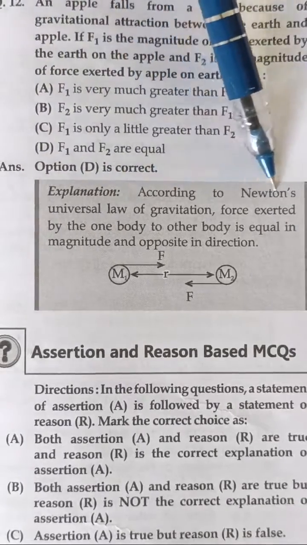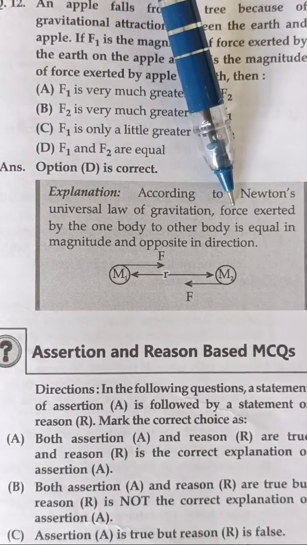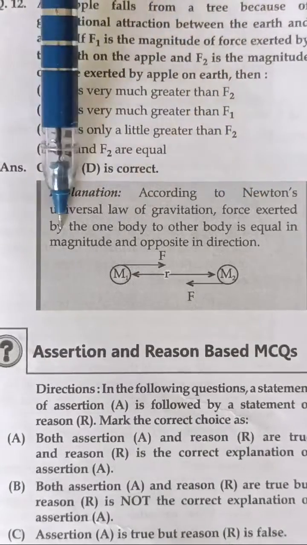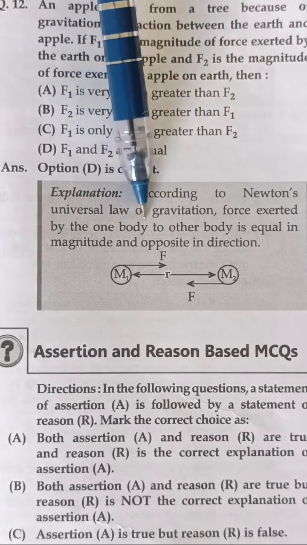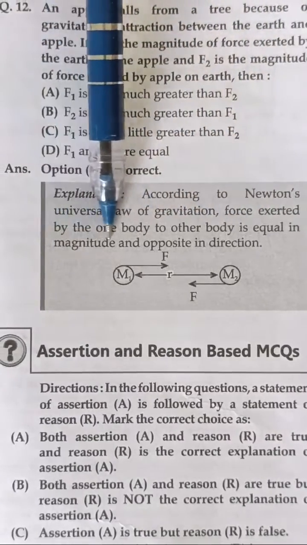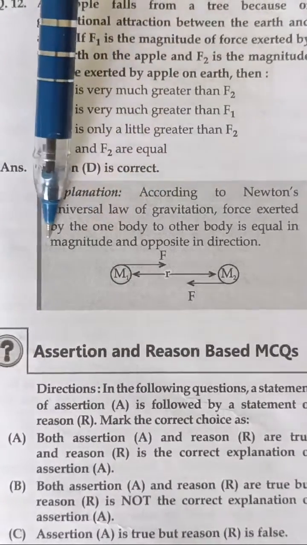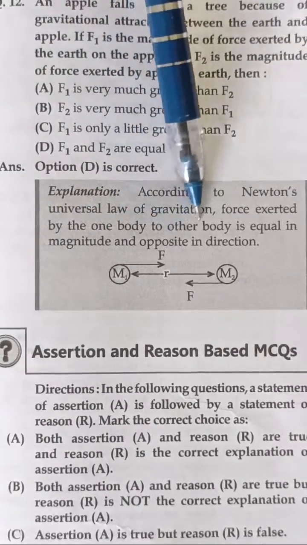Explanation: according to Newton's universal law of gravitation, force exerted by one body on the other body is equal in magnitude and opposite in direction.